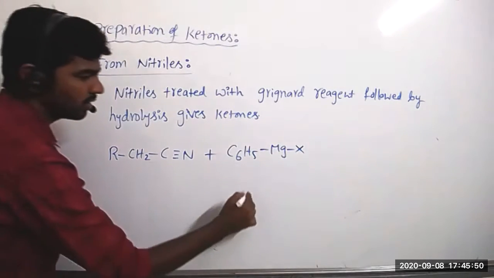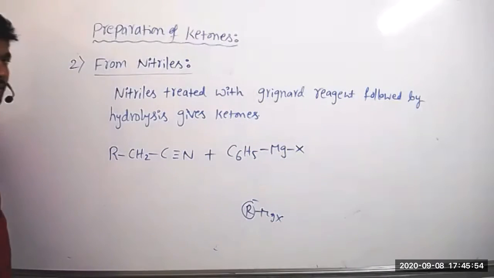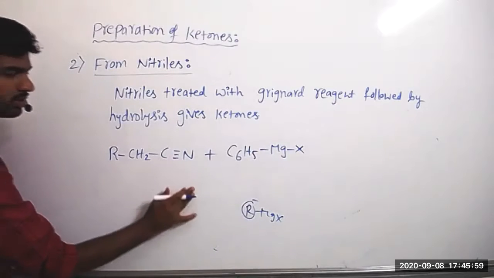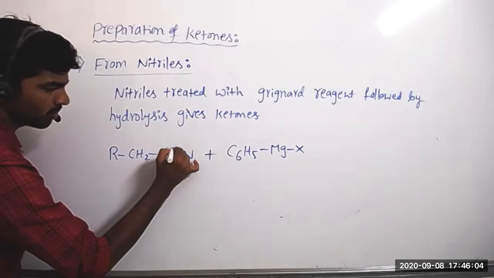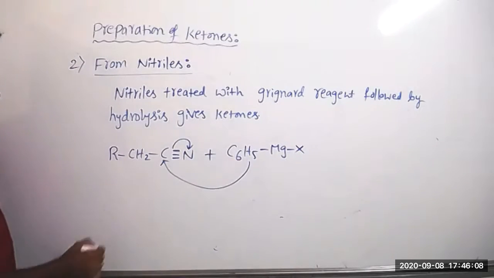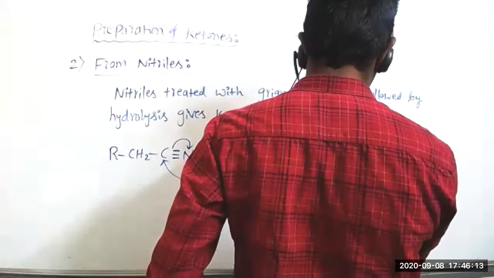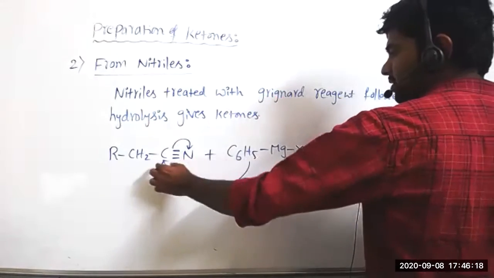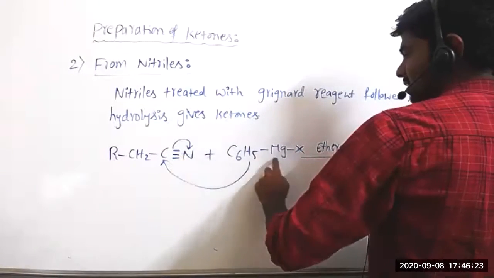So we know in the Grignard reagent RMgX, R is getting negative charge, the remaining getting positive charge. So this C6H5 has negative charge and it attacks this carbon. Then immediately, of these 3 bonds, 1 bond is shifted to the nitrogen side when C6H5 is attacking this carbon, in presence of ether. C6H5 is attached to the carbon, this bond pair of electrons shifted to nitrogen, then nitrogen is attached to MgX.